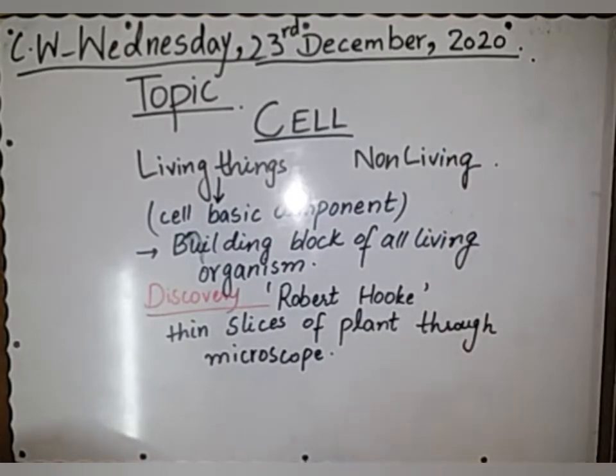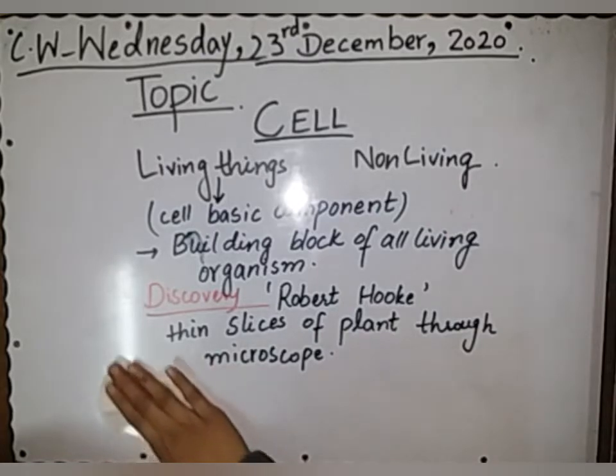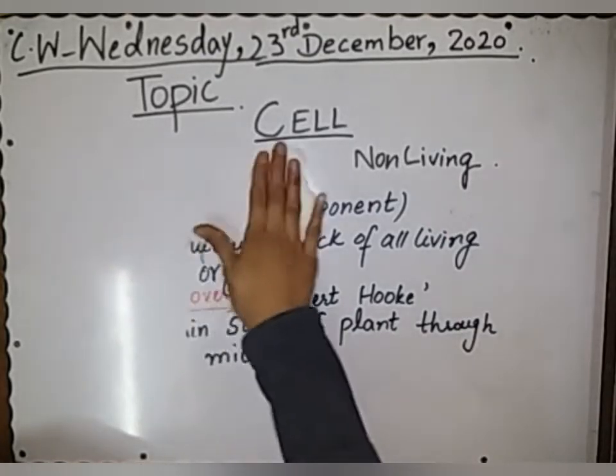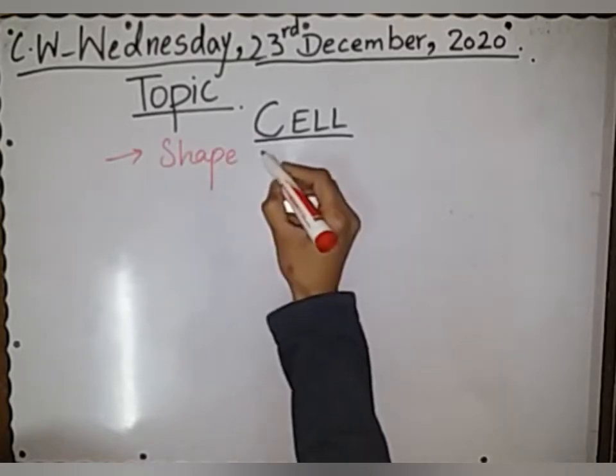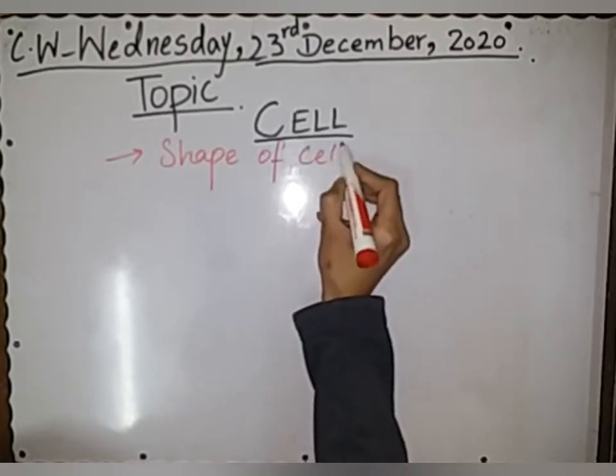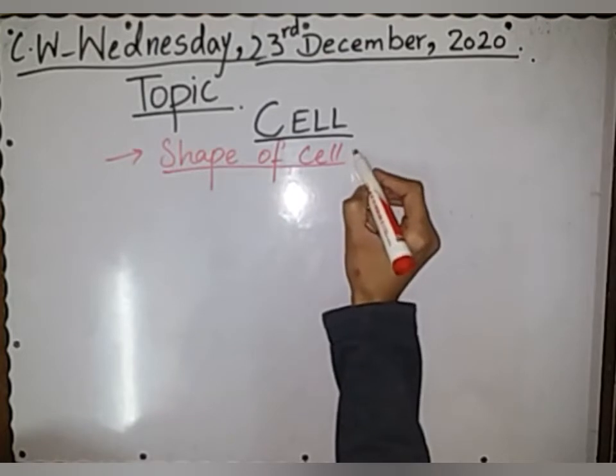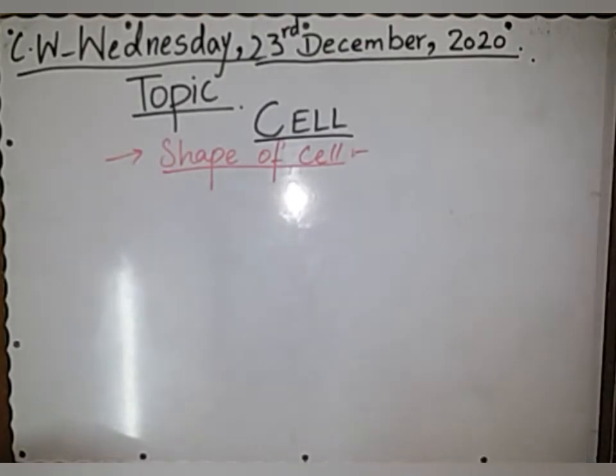So, cell is present in all living organisms. Students, now let us move to another topic, that is the shape of the cell. What is the shape of the cell? Shapes vary from location to location where the cell is present.